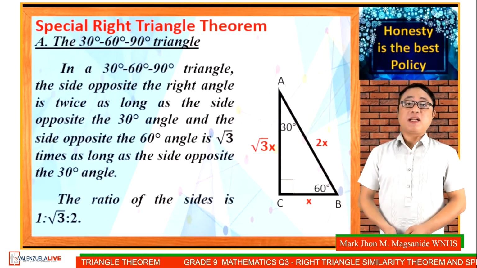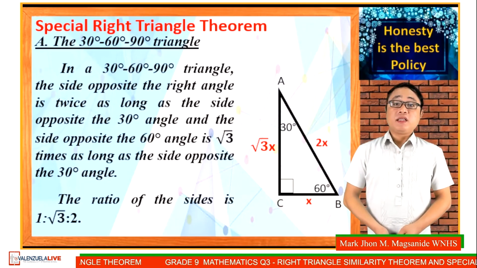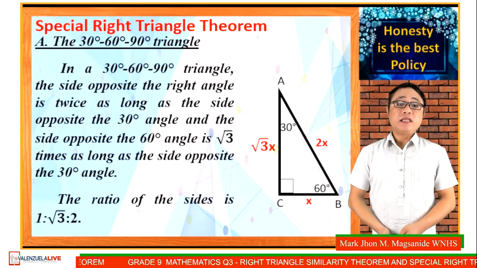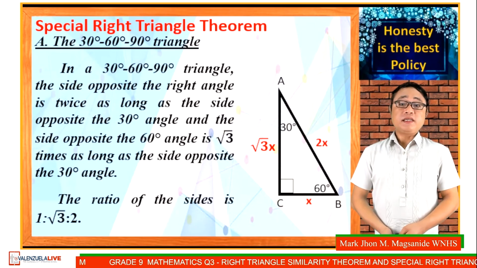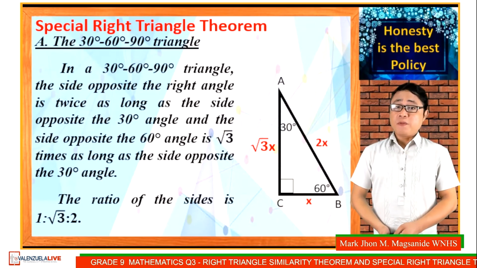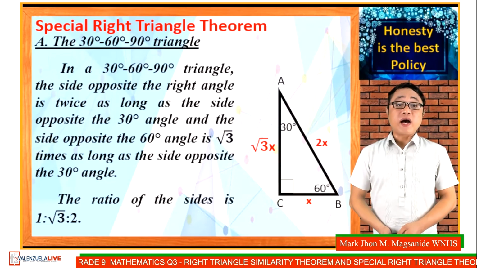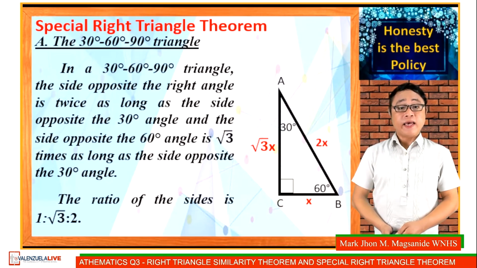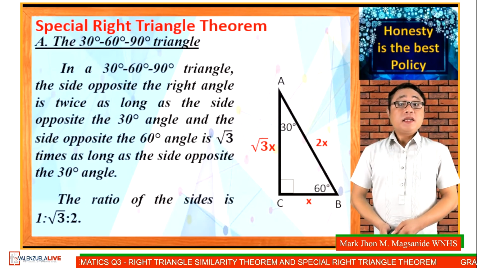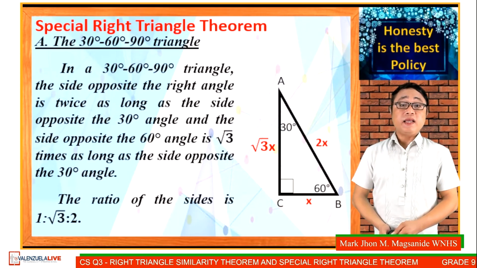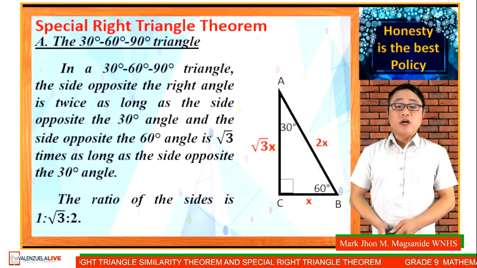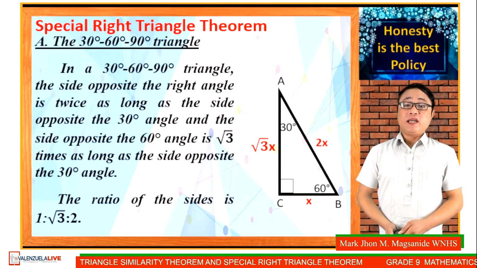For the special right triangle theorems, the 30-60-90 triangle theorem states that in a 30-60-90 triangle, the side opposite the right angle is twice as long as the side opposite the 30 degrees angle, and the side opposite the 60 degrees angle is square root of 3 times as long as the side opposite the 30 degrees angle.